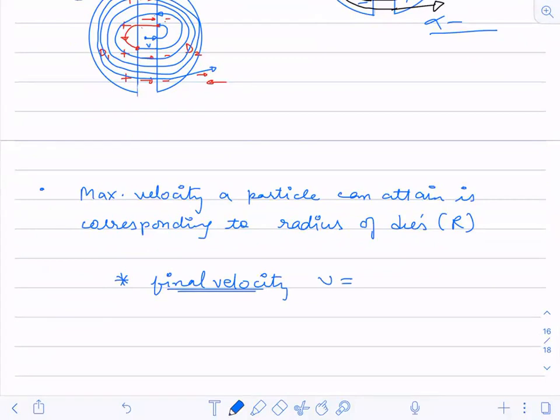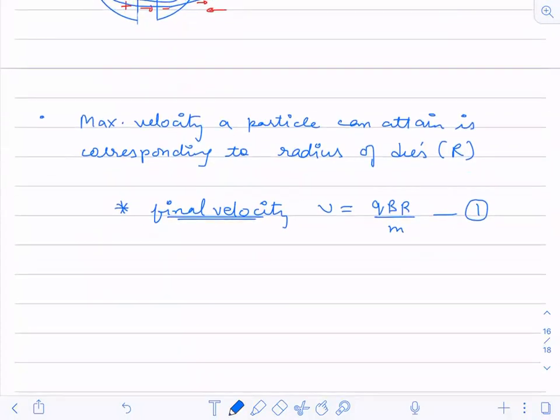So V will be equal to QBR divided by mass M. This is the first equation, where V is the final velocity, Q is the charge, B is the external magnetic field that you have applied, M is the mass of the particle, and capital R is the radius of the D. Okay, so this is the first calculation.